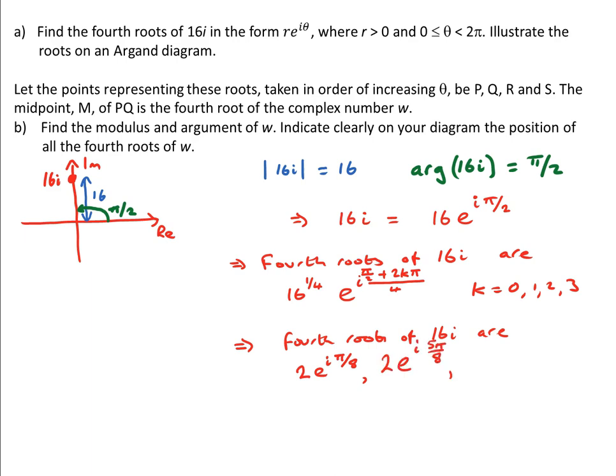With k equals 2, I've got 2 times e to the i 9 pi by 8. And finally with k equals 3, I've got 2e to the i 13 pi by 8.